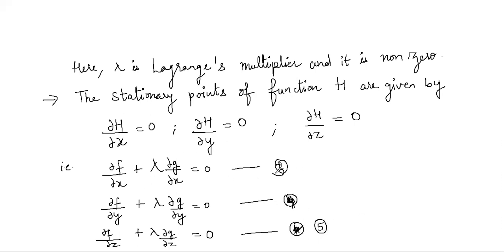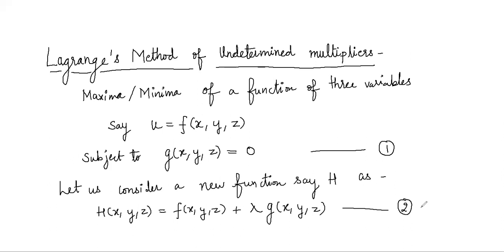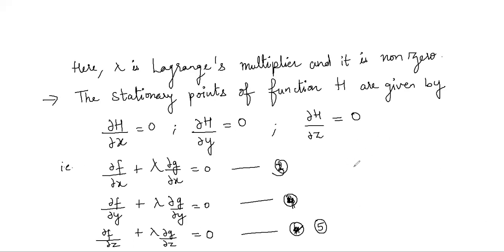So with the help of equations 3, 4, 5 and this constraint, which is equation 2, with the help of these four equations, we will be evaluating the stationary points for the function which is u.